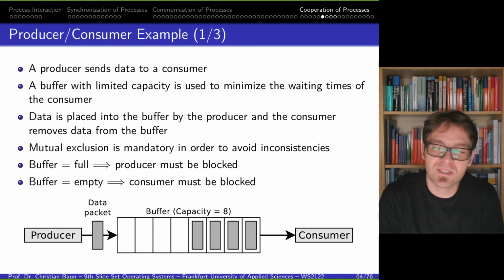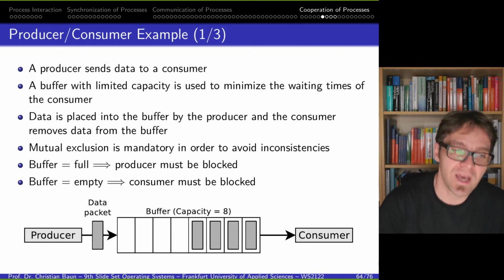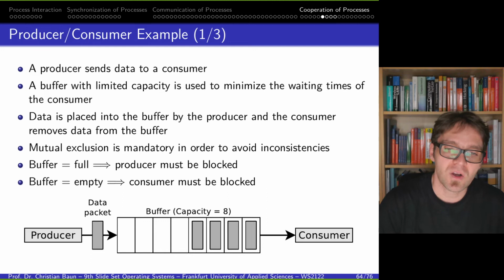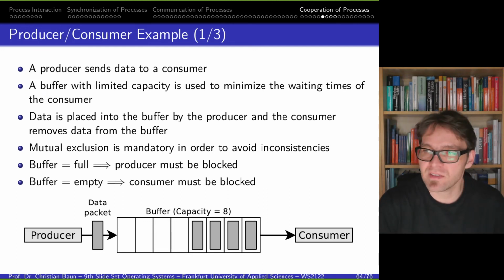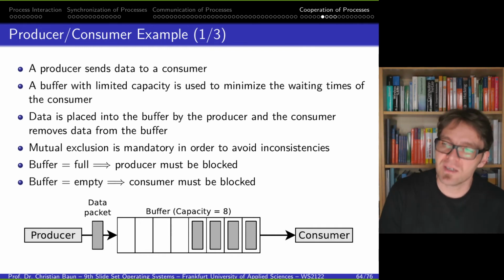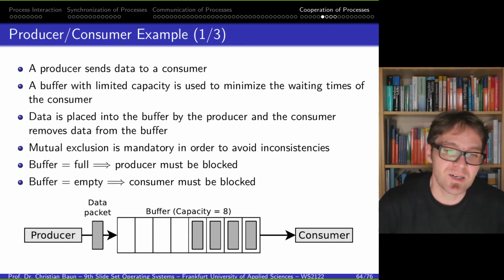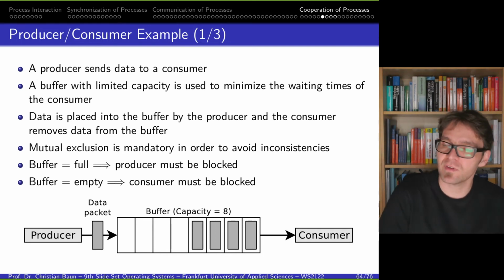In this scenario, we have a producer process and at least one consumer process. The producer creates data, packets of data, and the consumer is doing whatever with these data. I don't care. We have no idea about the performance of these processes.